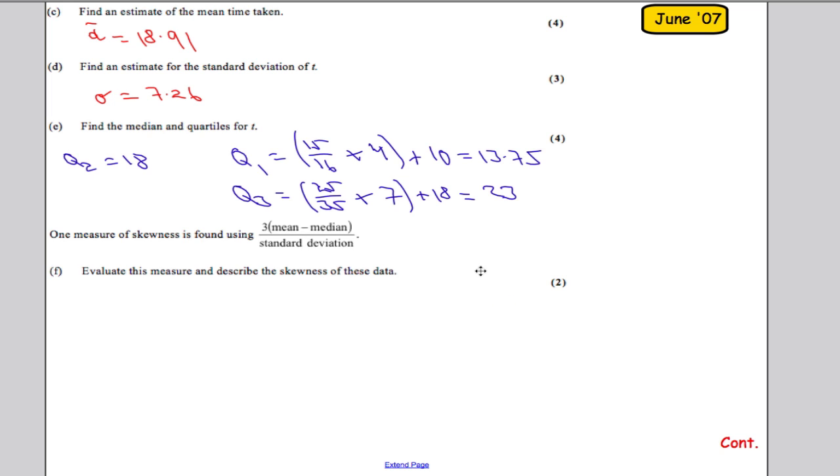So 23 there. One measure of skewness is found by using 3 times the mean minus the median over the standard deviation. Evaluate this measure and describe its skewness. So the mean is 18.91. The median is 18. The standard deviation is 7.26.